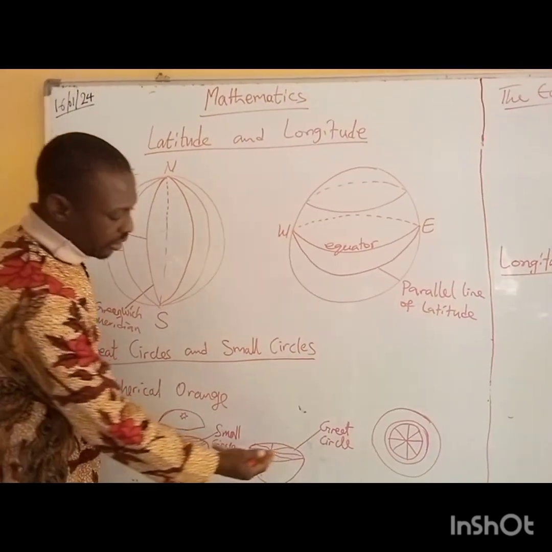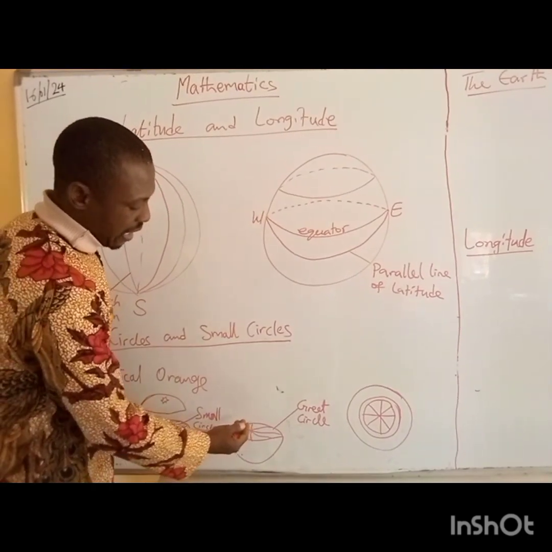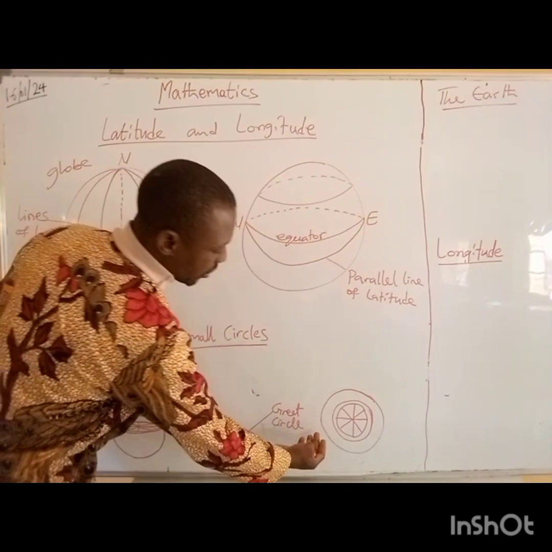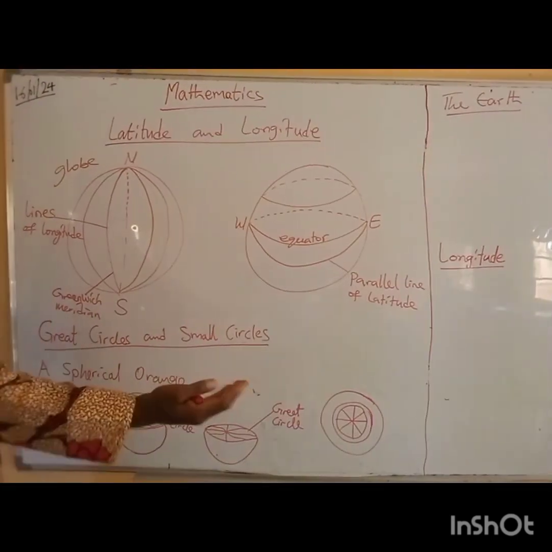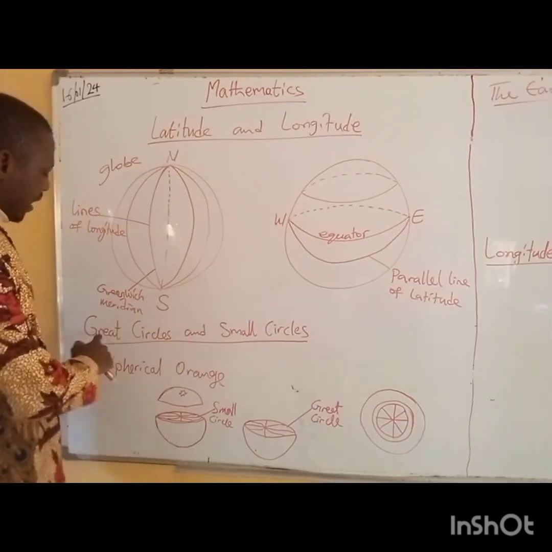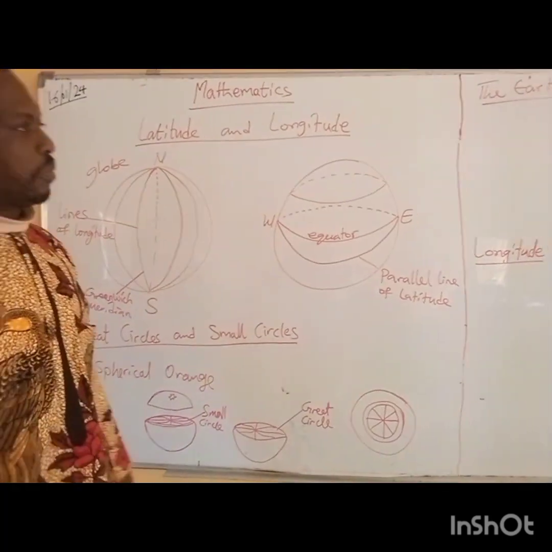And then if you cut the orange in the middle, it could be considered as a great circle. So if you turn the face of the orange, it's always spherical. It's like the surface of the earth. So as we progress, the concept of great circles and small circles will be explained.